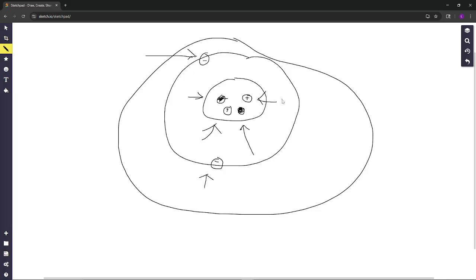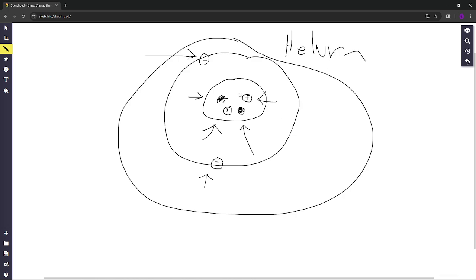But one more thing is, what element does this atom represent? And if you did get this one right, then I would be very proud of you, because I've not explained this yet, but it would actually be helium. And you want to know why?